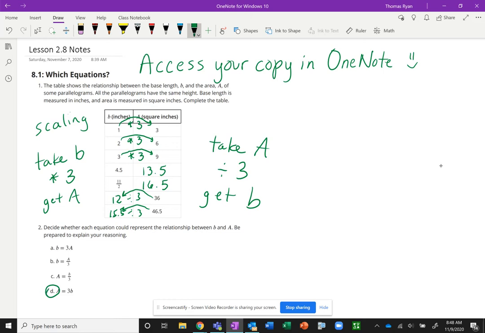Certainly, D. Take B, times it by 3, and it equals A. And do we have one where we take A, divide it by 3, and our result is B? Sure enough, option B: we take A, divide by 3, and we get B as a result.